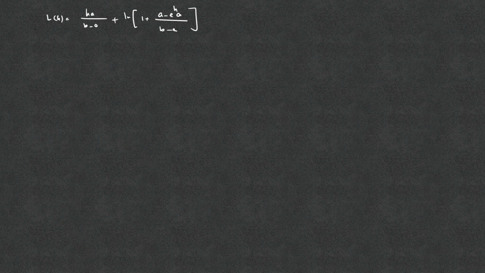With that definition, therefore, we have this definition for L of h. Now note that the value of this function at point 0 is 0. If you take the derivative of this function, the derivative at the point h equals 0 is also going to be 0.